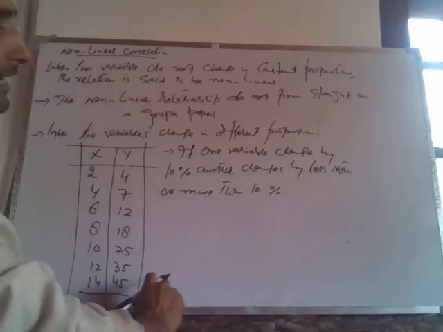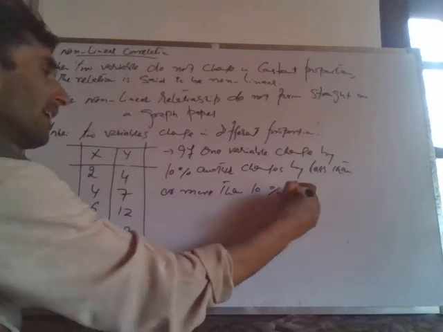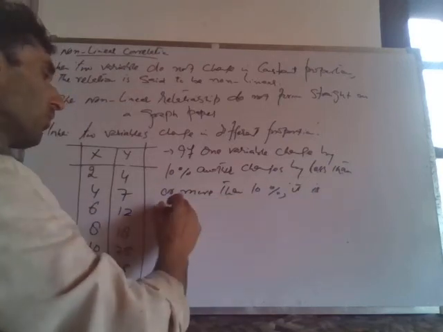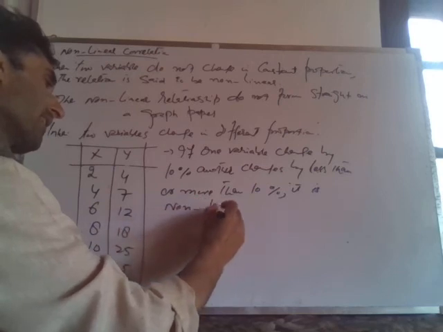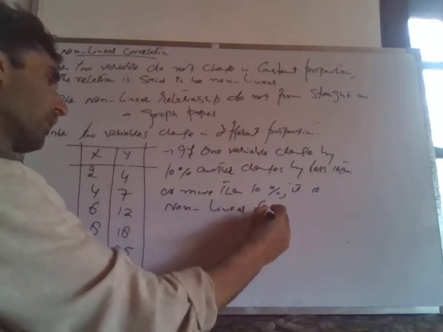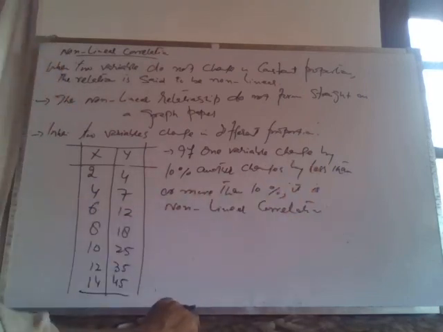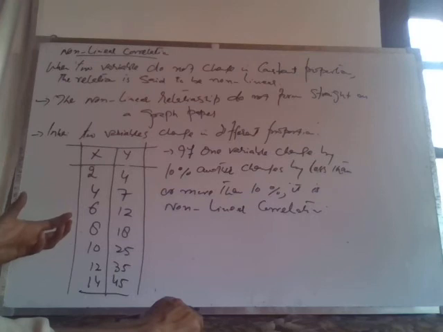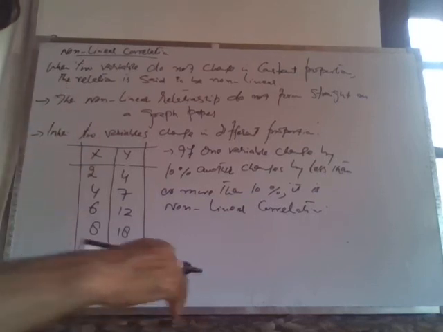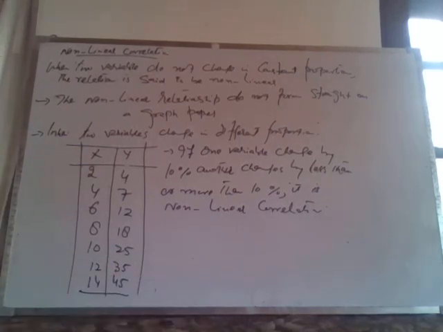Another variable changes by less than or more than 10%. It is non-linear correlation. Such a relation is non-linear correlation, and we also clarified that here we do not form a straight line. We do not form a straight line graph.